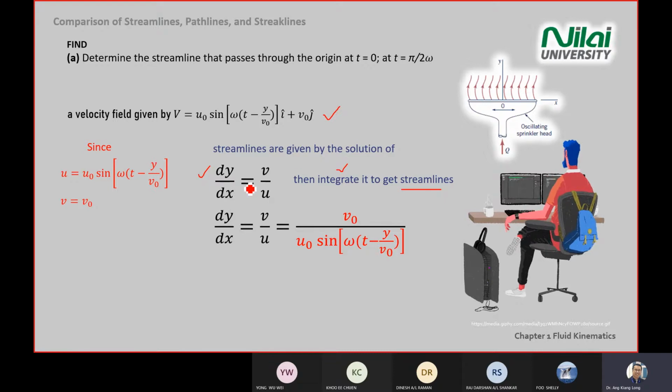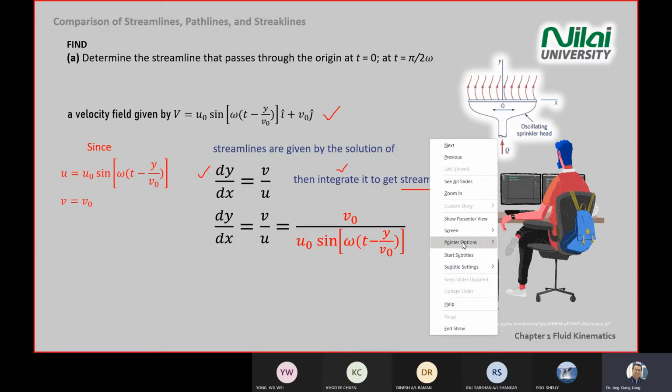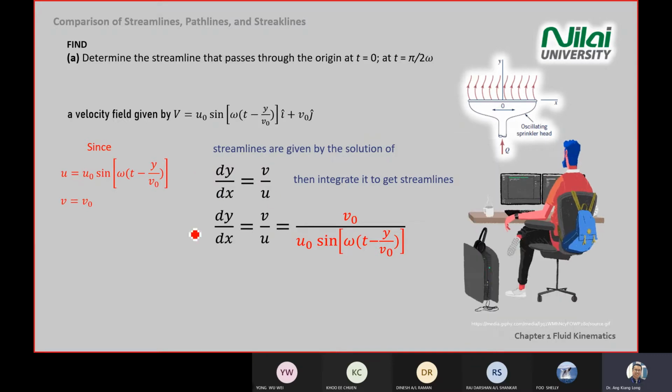After that, integrate this formula. Put your y on one side, your x on the other side, then integrate. You'll get the answer.